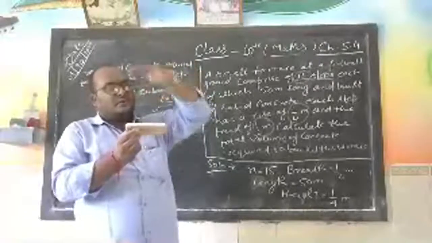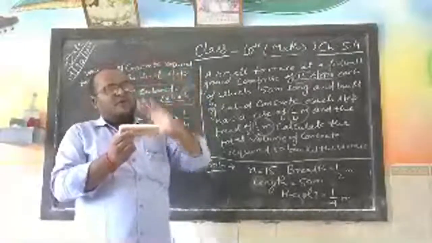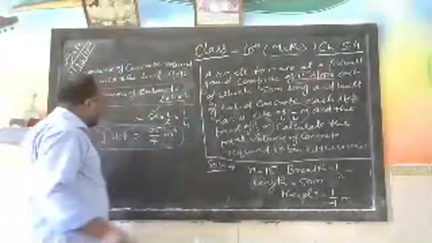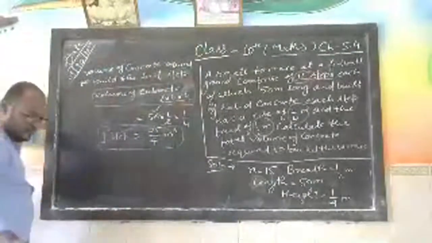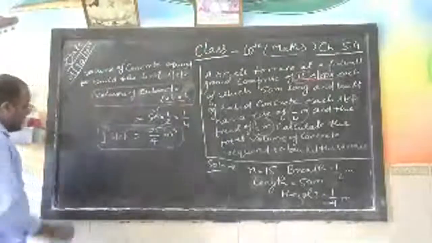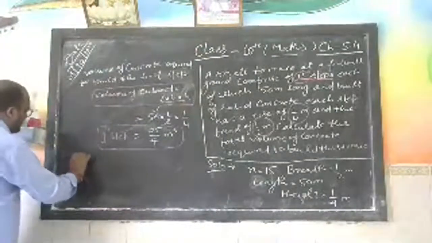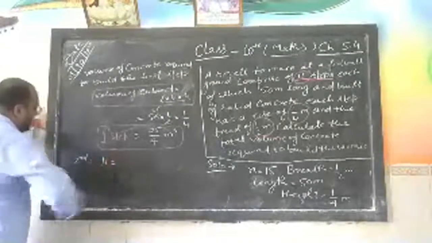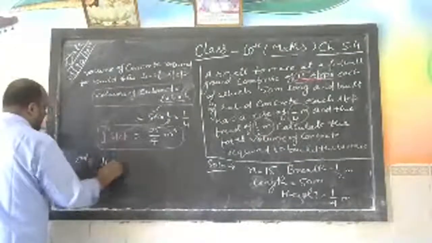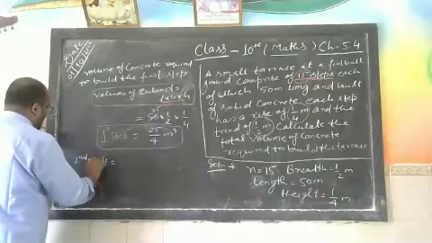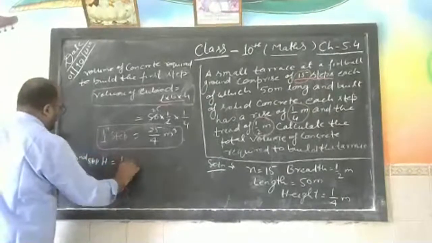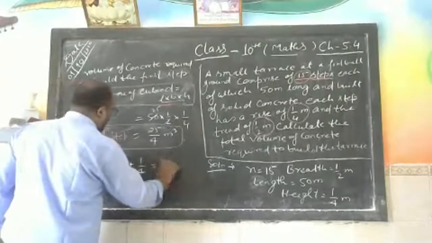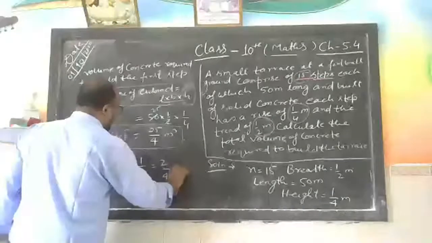For the fourth step, 1/4, 1/4, 1/4, which means for the second step you will see the difference in height. Height will be 1/4 plus 1/4, which is 2/4, equal to 1/2.